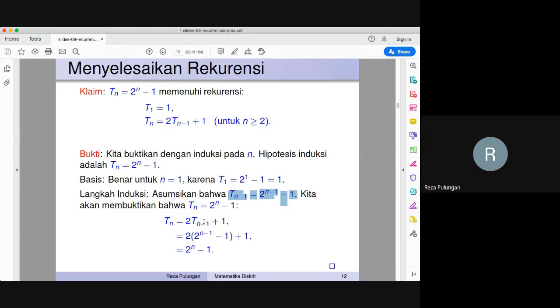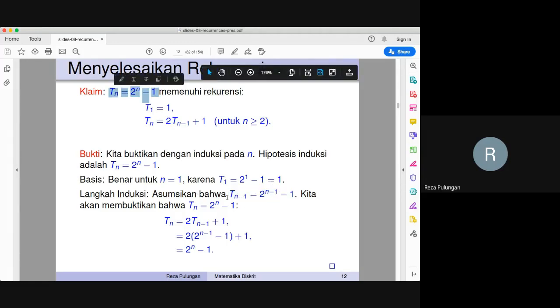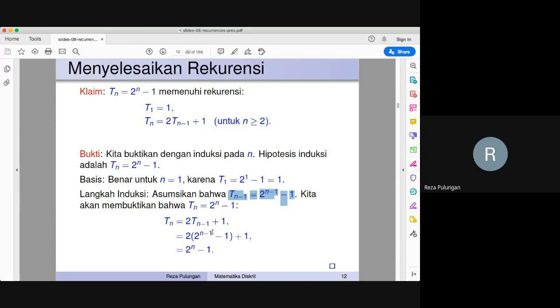What is Tn minus 1? Tn minus 1 is equal to this one. This is our assumption. If you believe this one, then this is also a truth by our assumption. So 2 times 2 to the power of n minus 1 minus 1. Twice this one becomes 2 to the power of n.